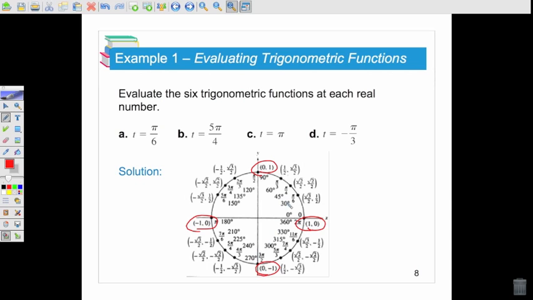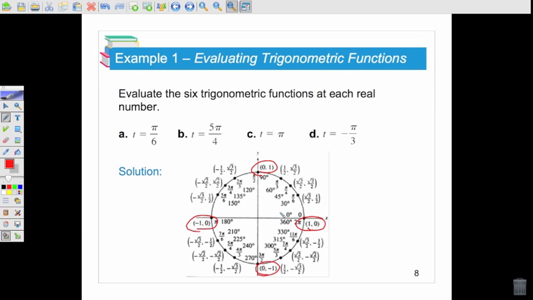But what's been added in here are all the degree values going around the circle, all of the radian values going around the circle, and now coordinate points going all the way around the circle at those specific radian values. That if you fold this over left to right, identical. Fold this over top to bottom, identical. And it's a very cool relationship that they have there. We'll get to explore it a lot more later, but for right now, all we need to do is be able to read this.